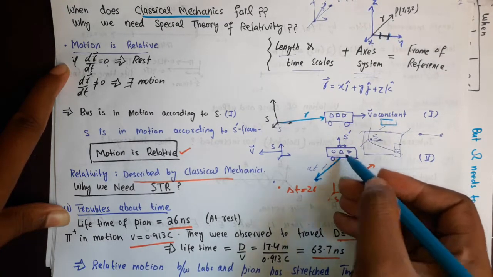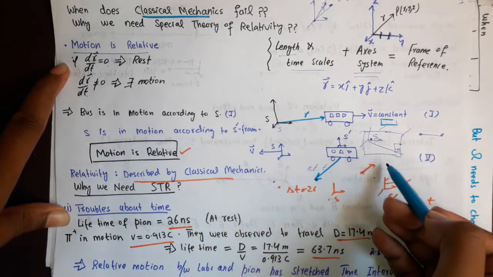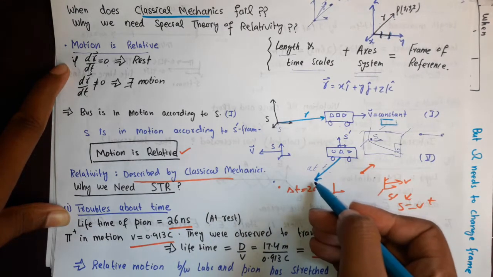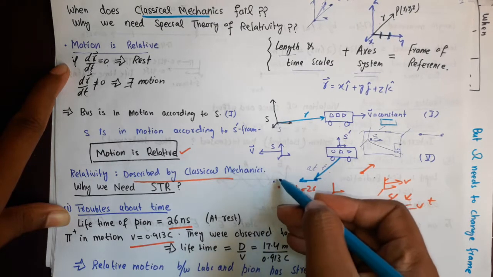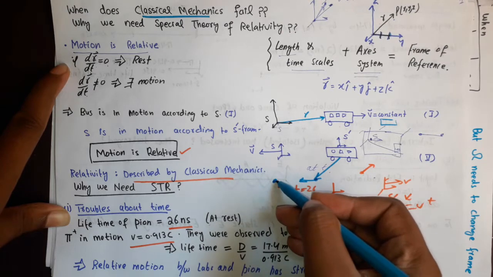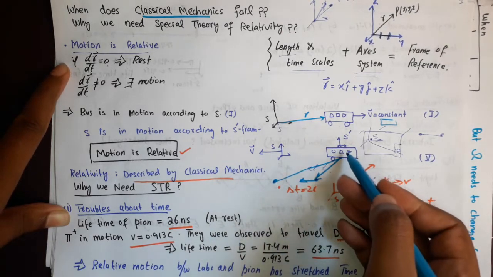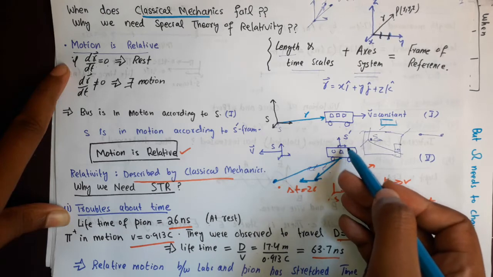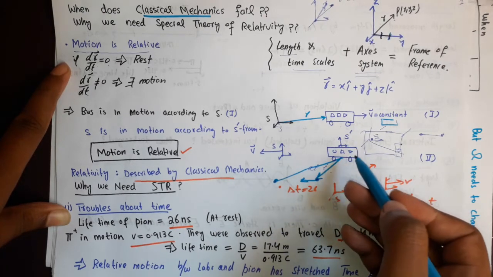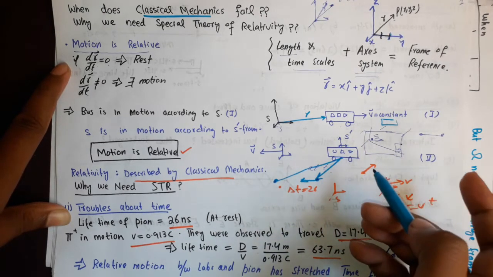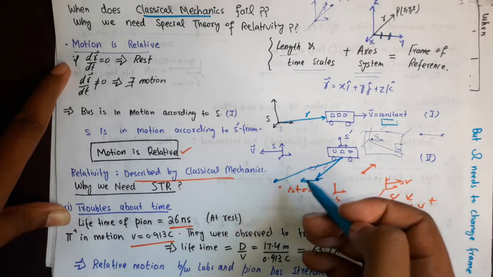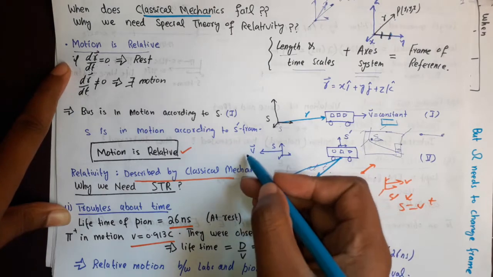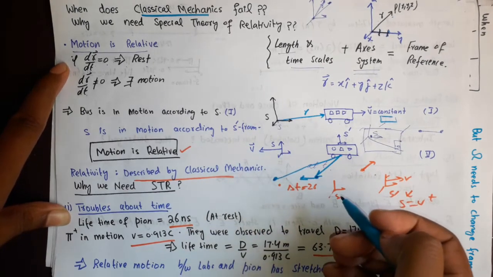Since according to this frame the bus is moving, it will appear that the observer standing at the bus stop is moving in this direction, meaning after some time his position vector will be somewhere here. So this observer in this S prime frame will observe that the observer standing at the bus stop is moving backward with the same speed but in the opposite direction.